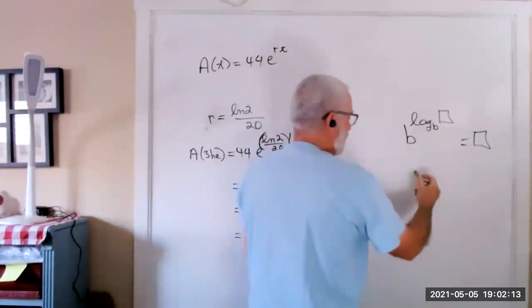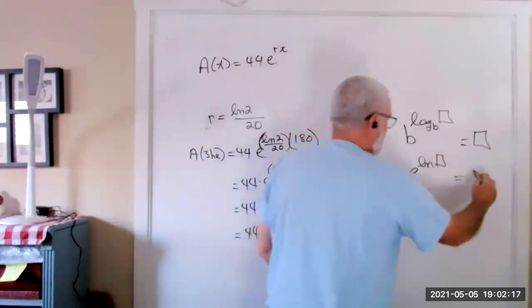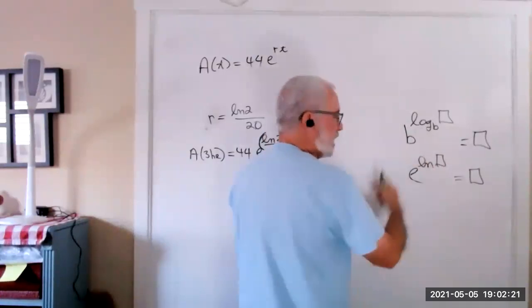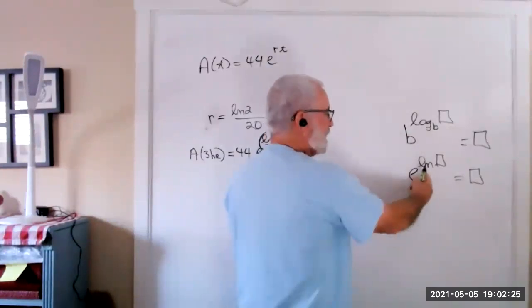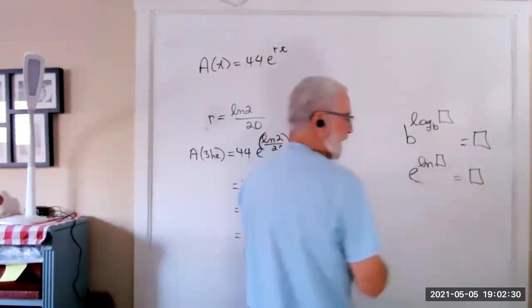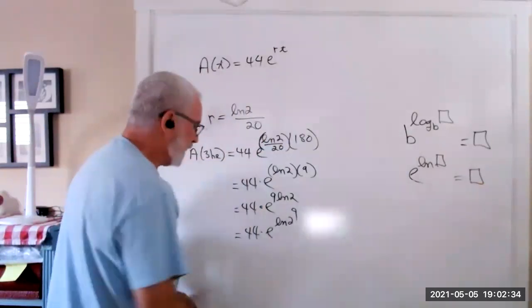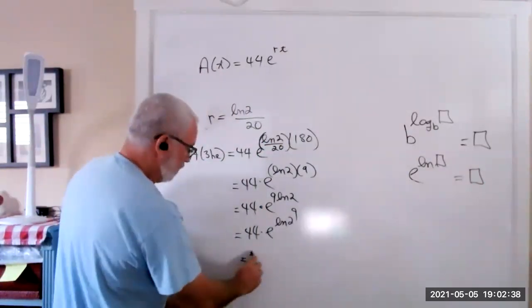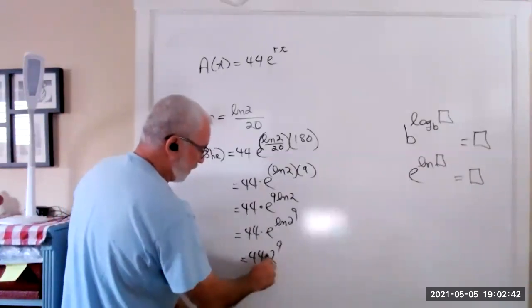E raised to the ln of something is the something because the e and the ln are both base e. ln is implied to be base e, so e raised to the log base e cancels out and we get that. I can show you in more detail, but it's not that important. So what's going to happen here is this is going to become 44 times 2 to the 9th power.